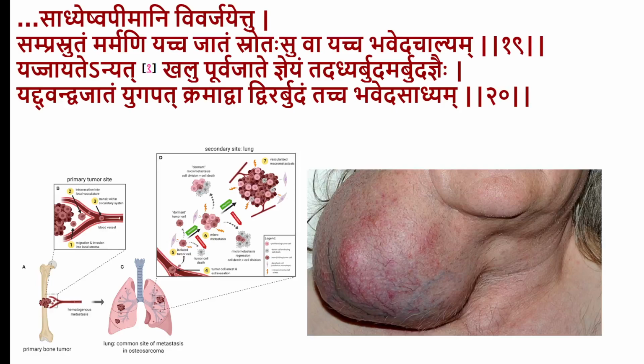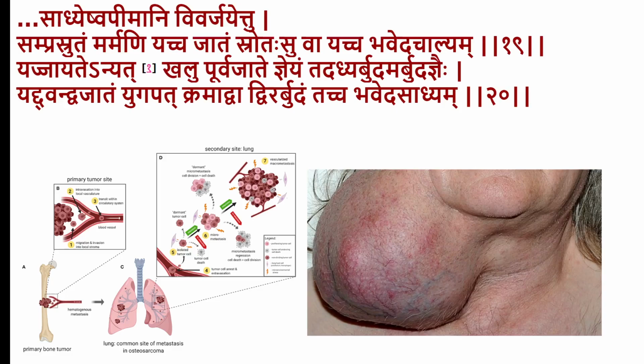Now, Sushila has said, Sadhyeshapi imani varjayet samprastham marmani yacca jatam srotasva yacca bhavet acharyam yajjayate anyat khalpuru jate jneyam tadadhyarbudam arbudajnehi yadvanda jatam vigapakramatva dirarbudam tacca bhavet asadhyam. The complications and the prognosis of the arbuda depend on, one, the location of the arbuda.